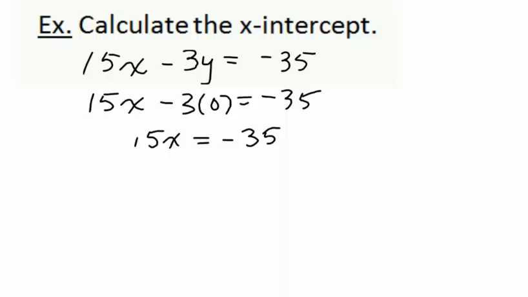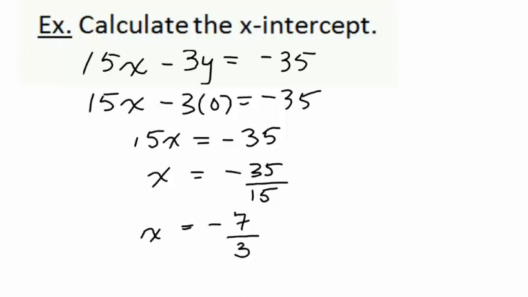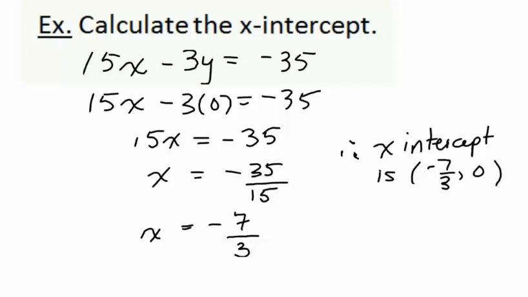We could go ahead and divide both sides by 15. And all we have to do is simplify our x-coordinate a little bit. It looks like we can divide both the numerator and denominator by 5. That'll give us negative 7 over 3. This means that our x-intercept must be (negative 7 over 3, 0).